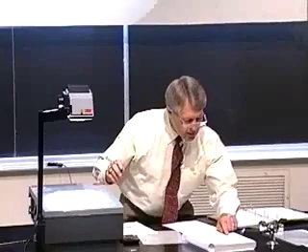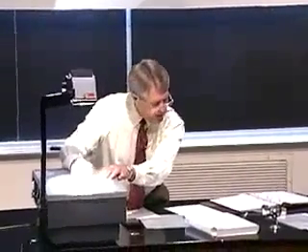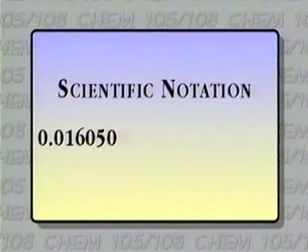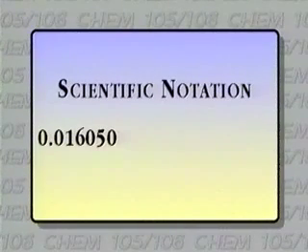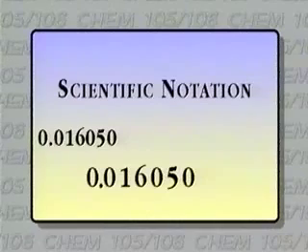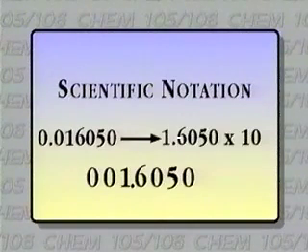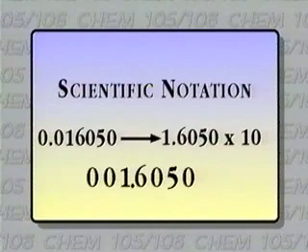Let's look at the next one here. 0.016050. And we want to write it in scientific notation. Now, I'm going to need to move the decimal 2 places there, so I'm going to write it 1.6050 times 10.